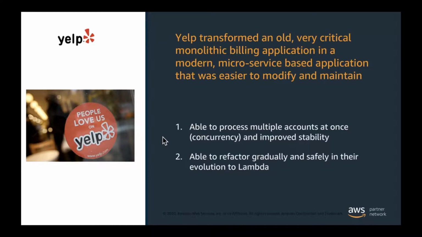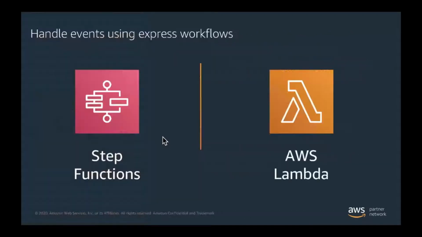They were able to do it gradually, and they could shift traffic. We have a lot of customers building up solutions on top of Step Functions, Lambda and API Gateway, and gradually shifting traffic over to their new modern cloud application over time.